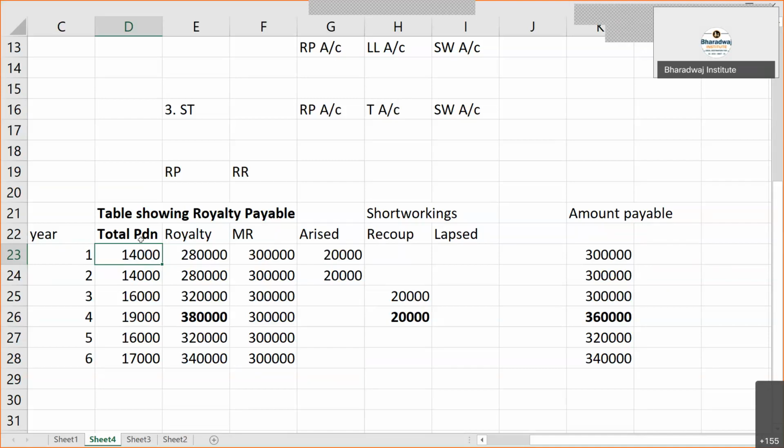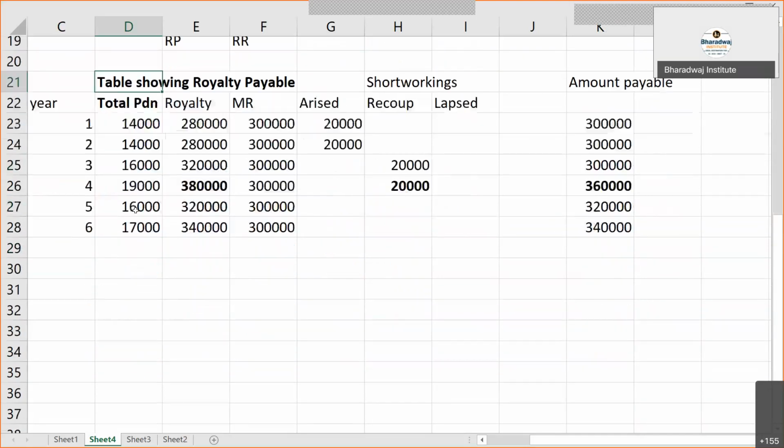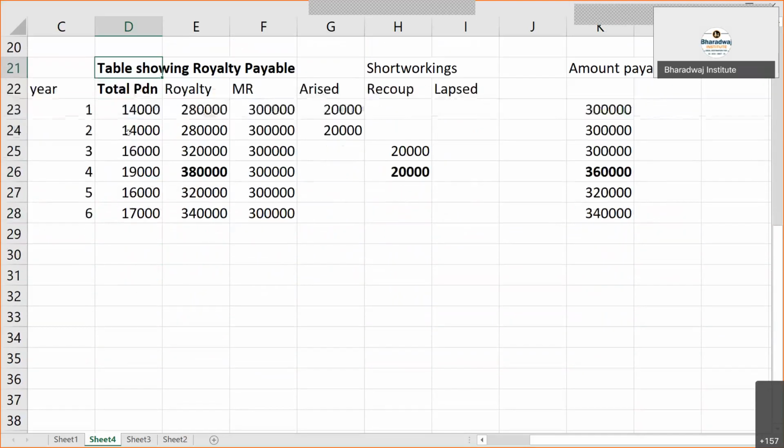Okay. Is it over? Table showing royalty payable. Next. Table showing royalty receivable.